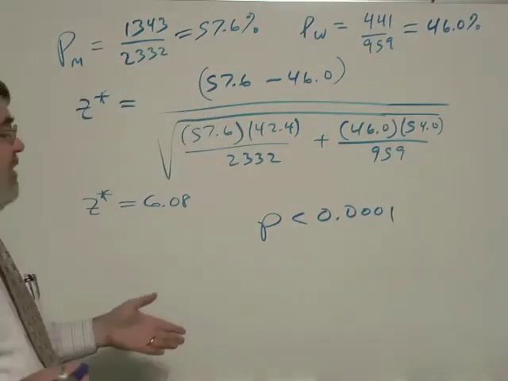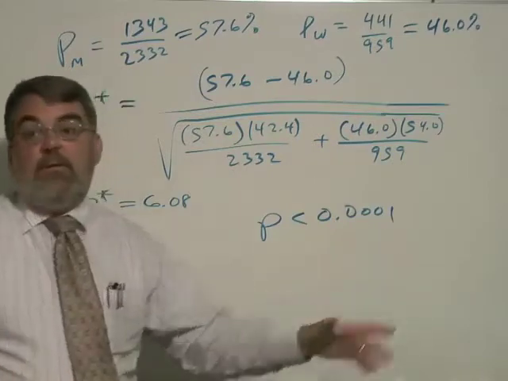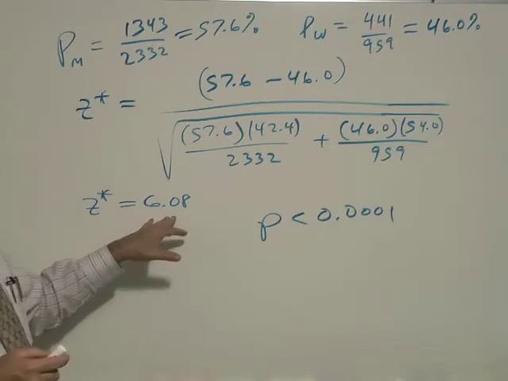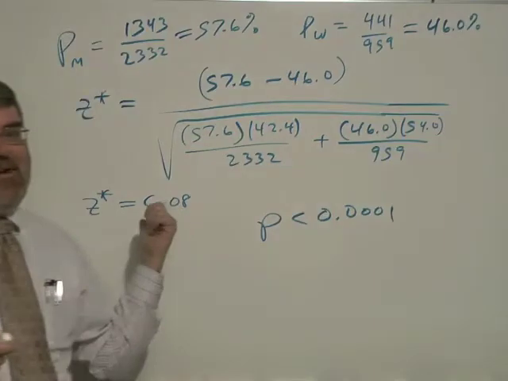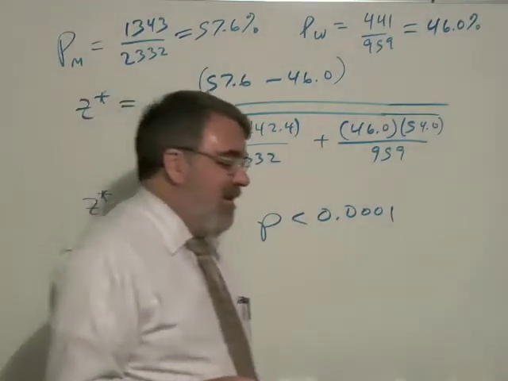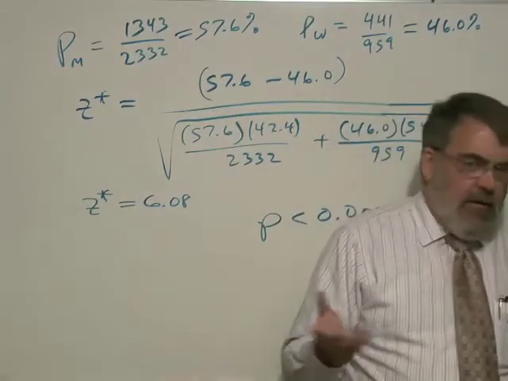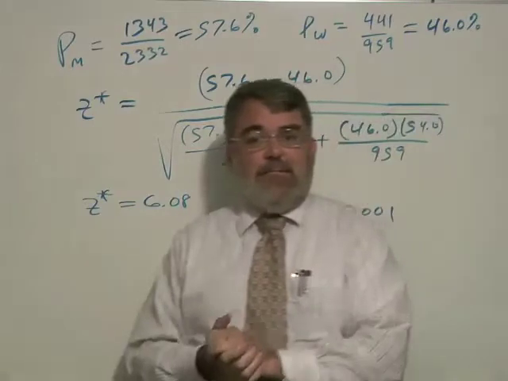So from that chart, this is off the chart, the p-value would be less than 0.0001, less than 1 out of 10,000. Incidentally, just a curiosity, many calculators wouldn't even be able to calculate the p-value from such a high z-score, because you need hundreds of places in order to calculate that using calculus. Well, you don't need to know that, fortunately. You can just look it up in the chart.